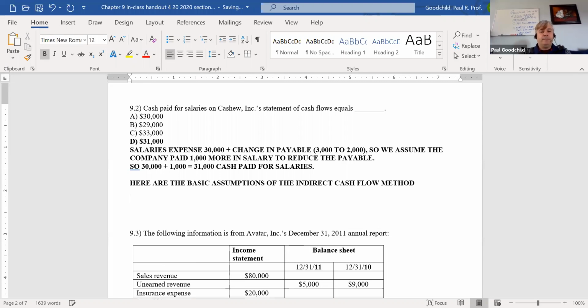If a current asset increases, the company used cash to pay for the increase.